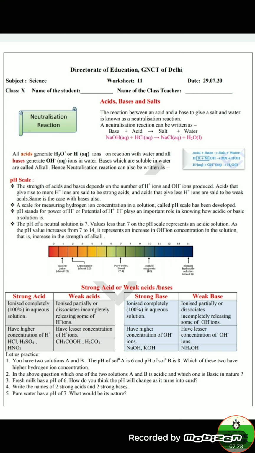Lemon juice pH is around between 2 or 2.5, right? And color is yellow. Pure water, very important. Pure water is neutral with a pH 7.